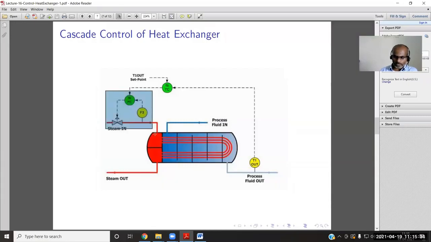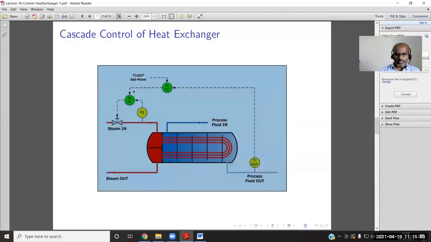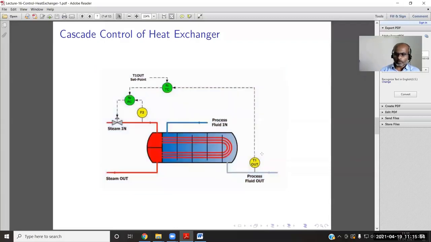The inner loop is also called the secondary or slave loop, and the primary is the outer loop. The inner is the slave control or the secondary loop. For the secondary loop, the set point is given by the primary controller's output. So what is the primary control? The primary control is controlling the temperature.